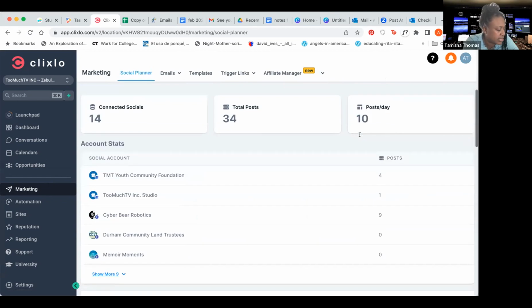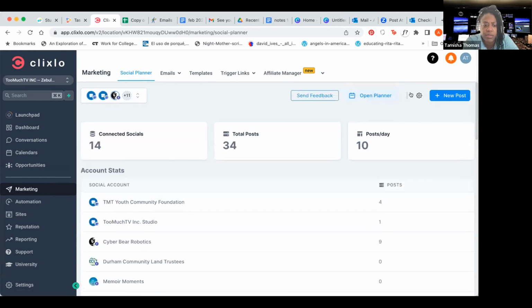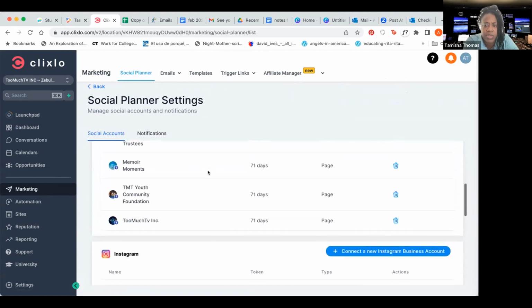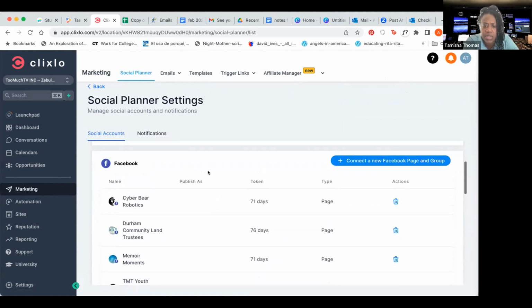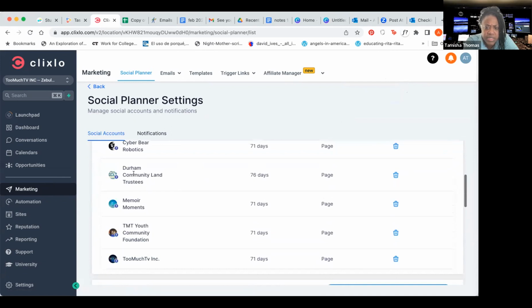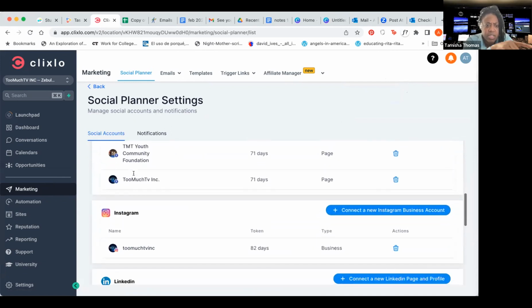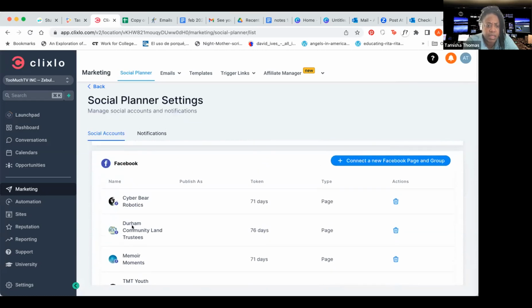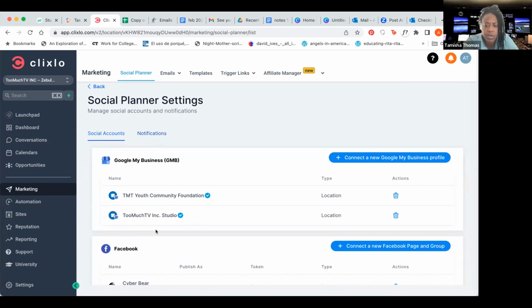Yeah, go to that settings button over there. And then social planning settings, and then let's go to the DCLT 76 days page. Click on the DCLT. It doesn't click. That's the page group. Go down some more.